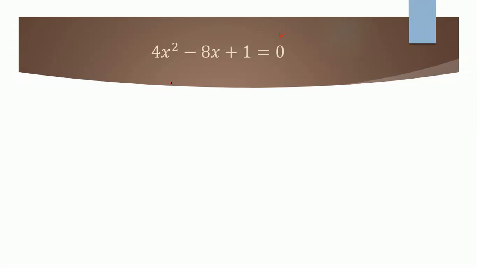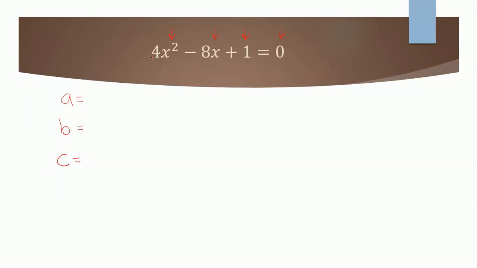Then I always make sure that I have my x squared first, my x second, and my no x third. That way it's easier for me to figure out who's my A term, who's my B term, and who's my C term. So I am in that order, so what I'm going to do is designate who's A, who's B, and who's C.